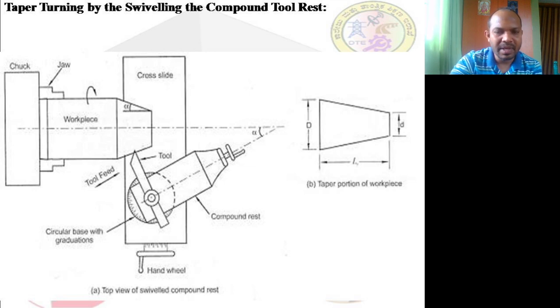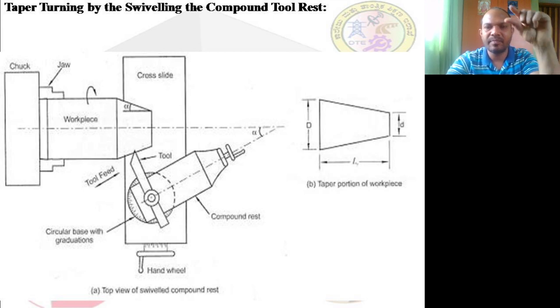See, please be careful here. If you provide this angle from the small end as alpha, as you can see in figure A, also in the workpiece I have marked it as alpha. That means capital D minus small d will give you this height. It is the Pythagoras theorem, right? Tan alpha is equal to opposite side by adjacent side. What is this opposite side?